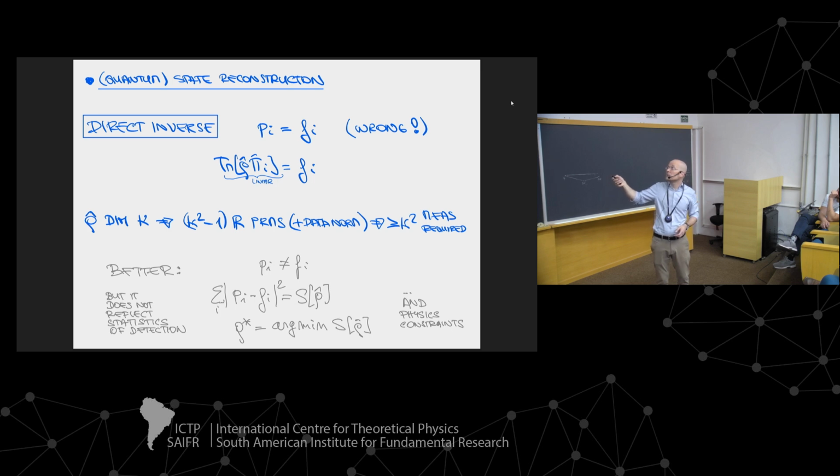And if we assume that these two are the same, which they are not, as we already discussed, we can do a direct inverse. If we have enough equations in this system, we can make the inverse.